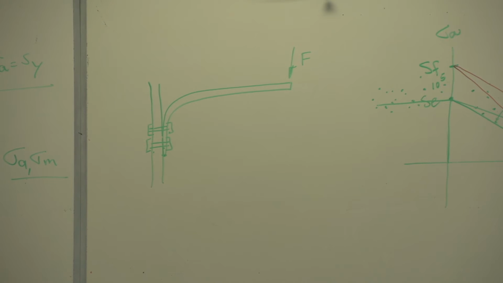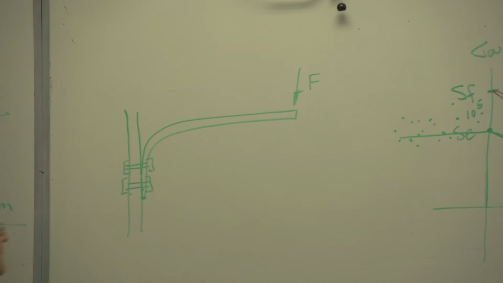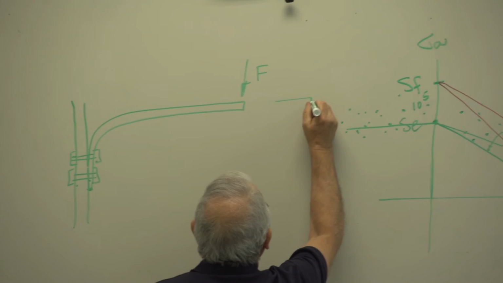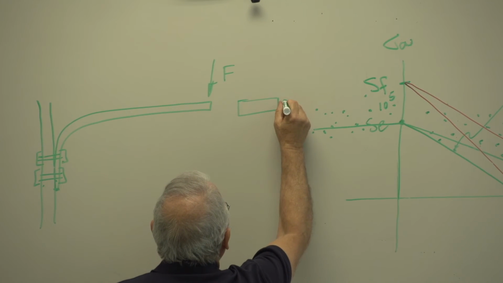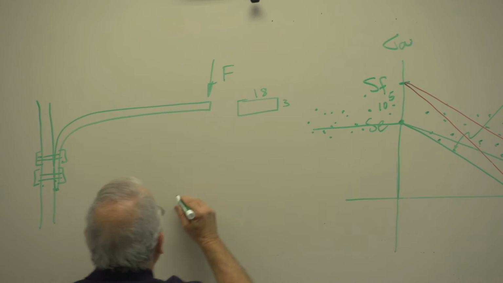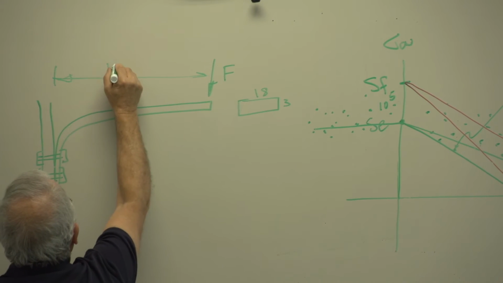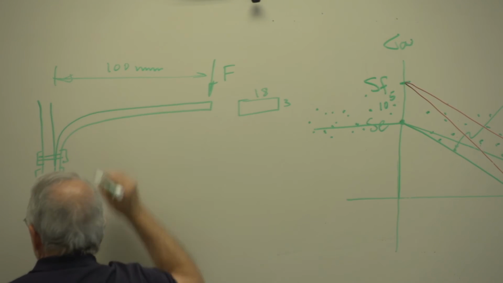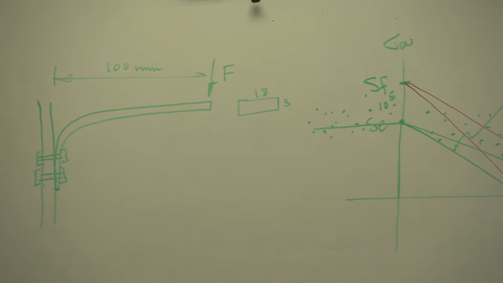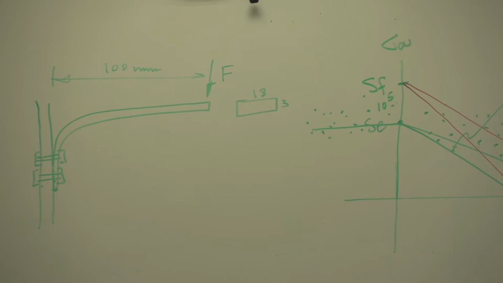So in our case, this is 3 by 18. And this length is 100 millimeters. Latching spring, 4 by 20 latching spring.